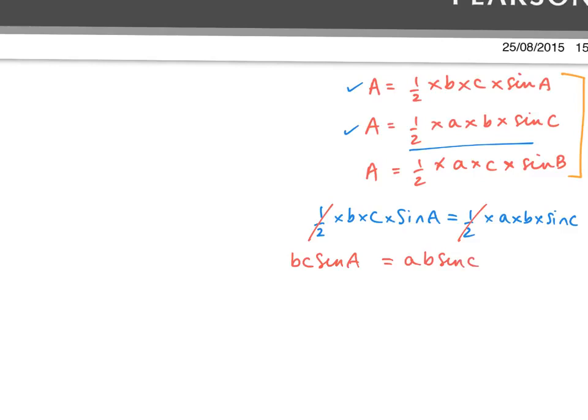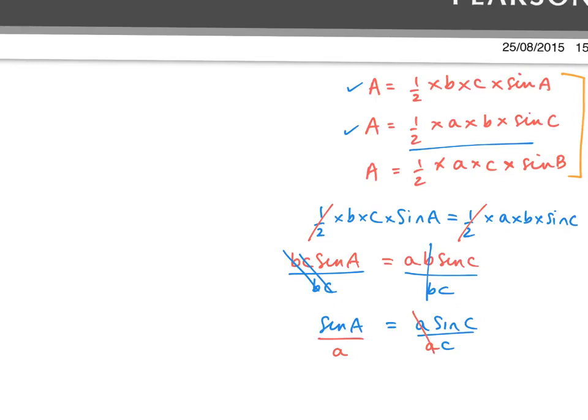And if we divide both sides by BC, what would happen? Well, this would cancel here, and this would cancel here, so we'd be left with sine A. And in this case, we'd be left with A sine C over C. And then if I divided both sides by A, well, look what happens.